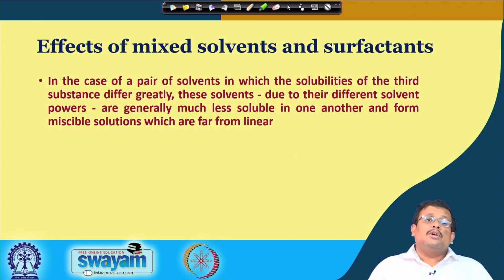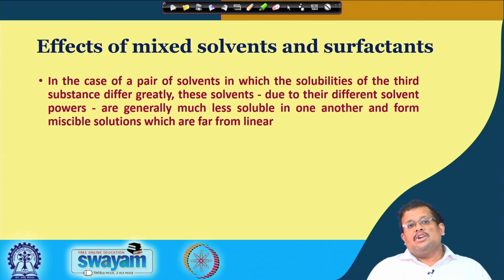Also, it is important to know the case of a pair of solvents in which the solubilities of a third substance differ greatly. So, let us consider there are two solvents, solvent A and solvent B, in which the solubility of a third substance such as C differs greatly. In one, C is highly soluble, in the other it is very less soluble.